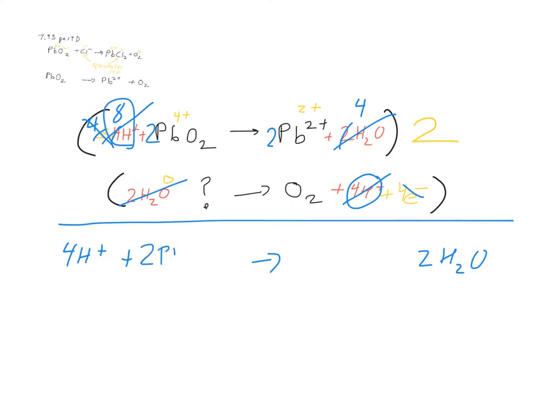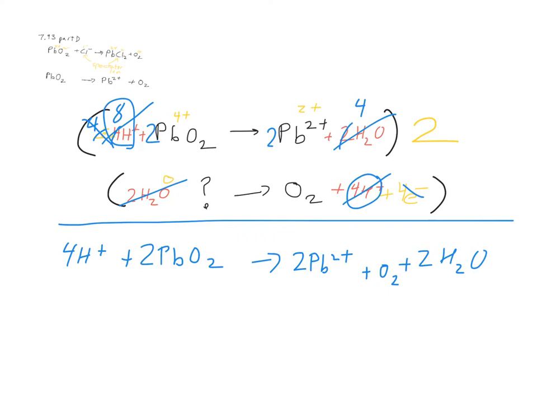Then I've got 2 lead 4 oxides over here, 2 lead 2 pluses over here, and 1 oxygen and my waters.